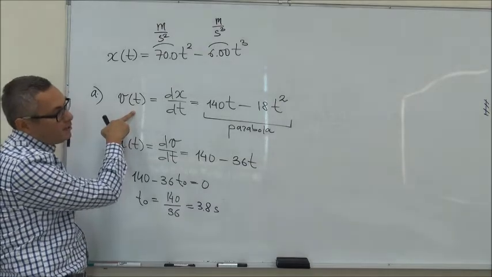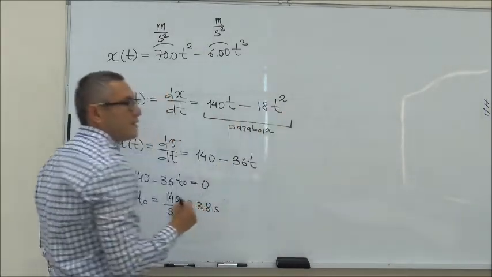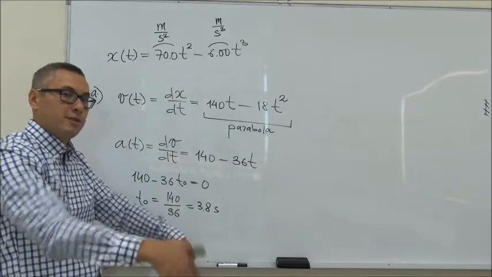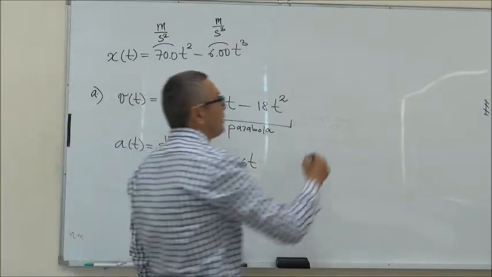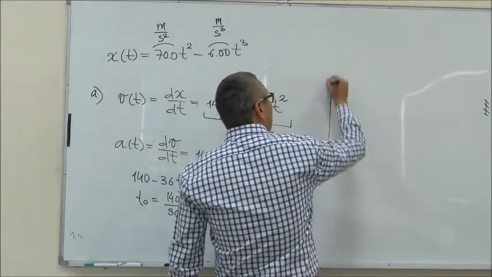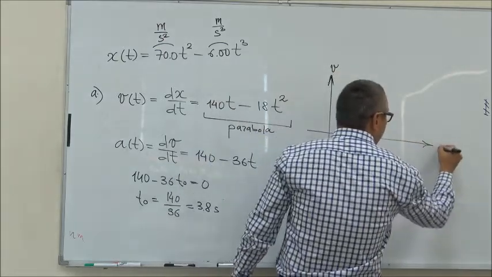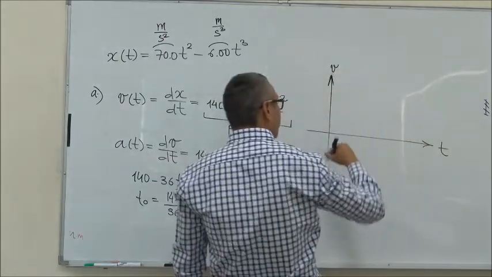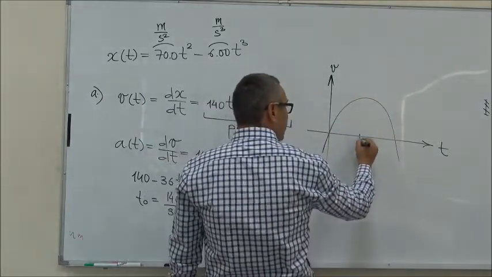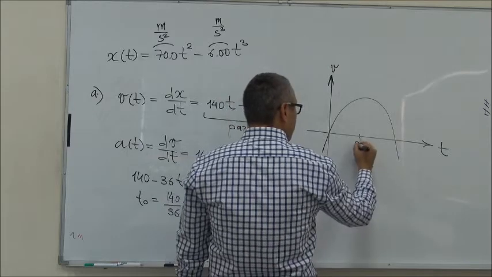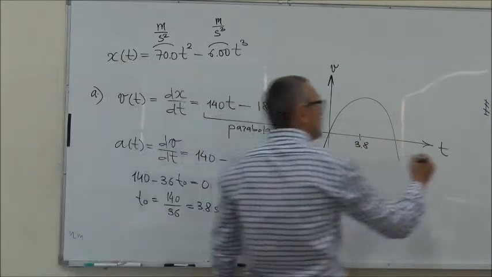So what is it, a maximum or a minimum? Well, because the prefactor next to t squared is negative, it means that the two branches of the parabola are facing down. So if we draw a sketch of the graph, it would look something like this, where this is 3.8, measured in seconds.